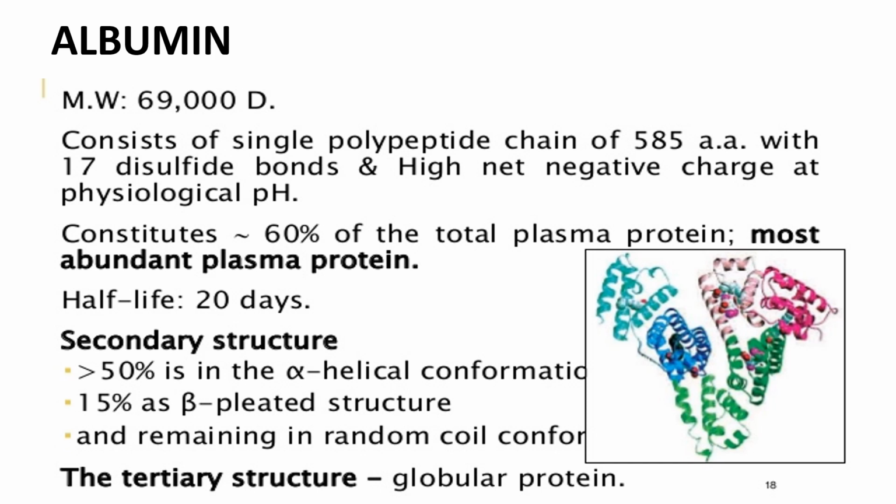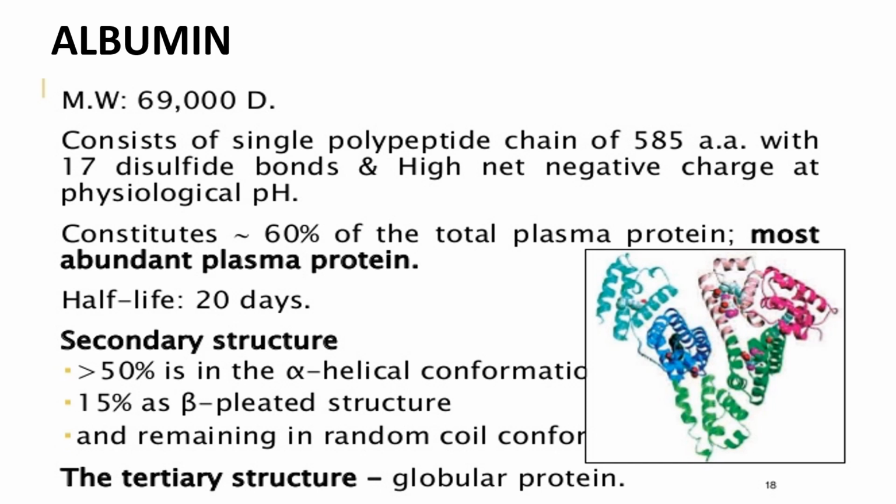Albumin, the major plasma protein. Its molecular weight is 69,000 Dalton, and it is comprised of a single polypeptide chain of 585 amino acids. If you recall, in the last lecture I told you all polypeptides are protein.